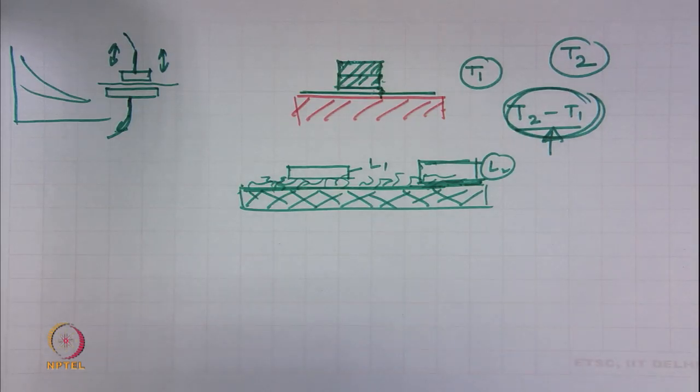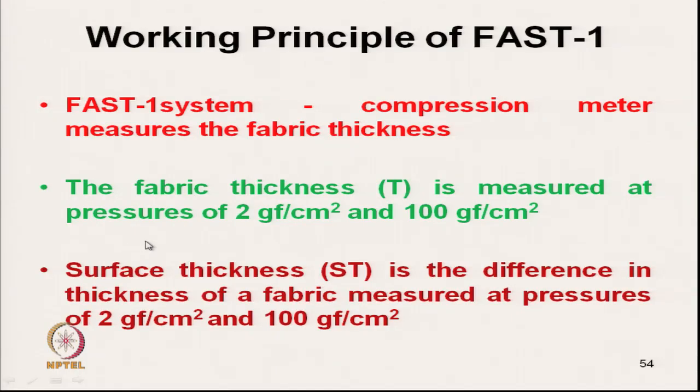So, the surface thickness ST is the difference in thickness of fabric measured at a pressure of 2 gram force per square centimeter and 100 gram force per square centimeter.